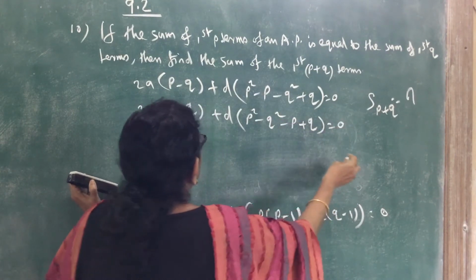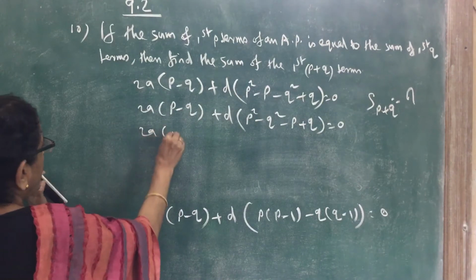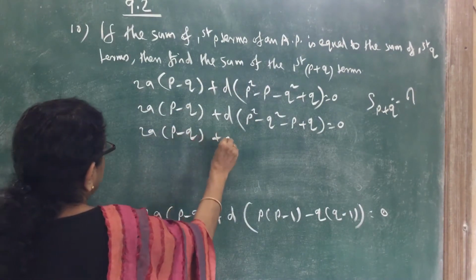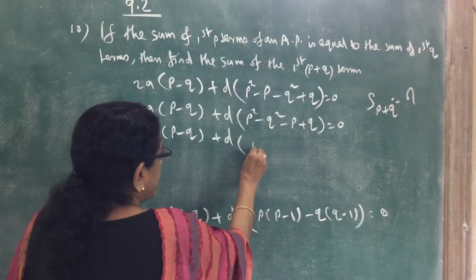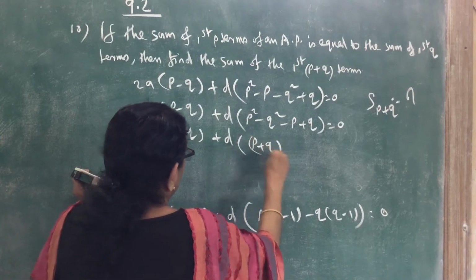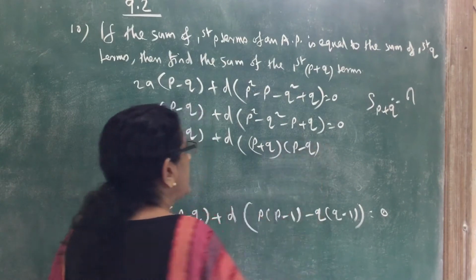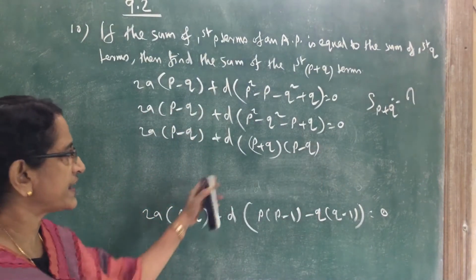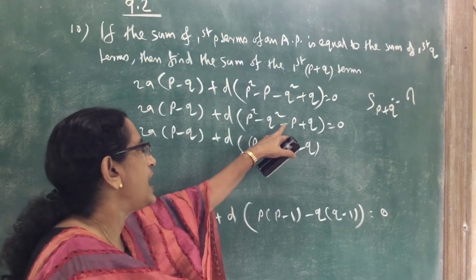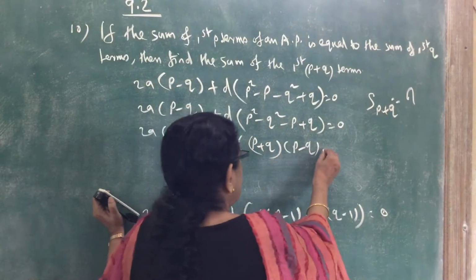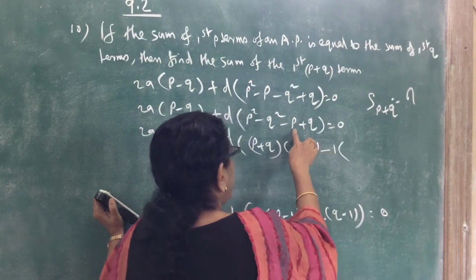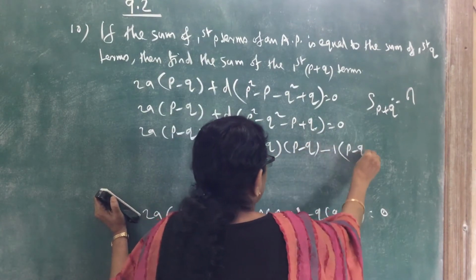Again, 2a into (p minus q) plus d into, here p square minus q square we can write as (p plus q) into (p minus q). Then from these two terms we can take minus common factor, so minus 1 into (p minus q).